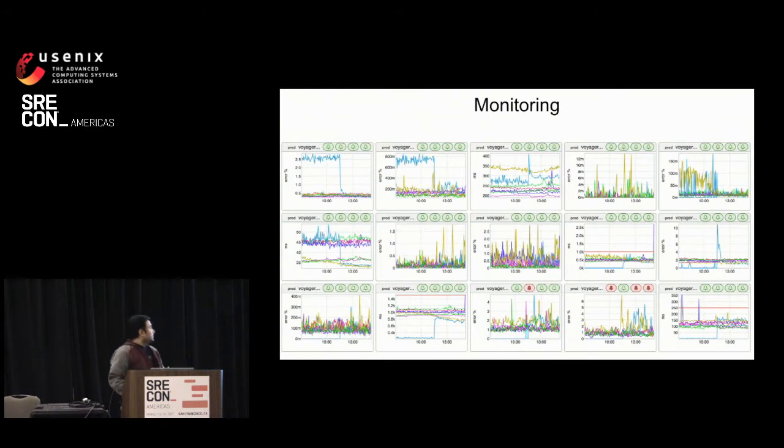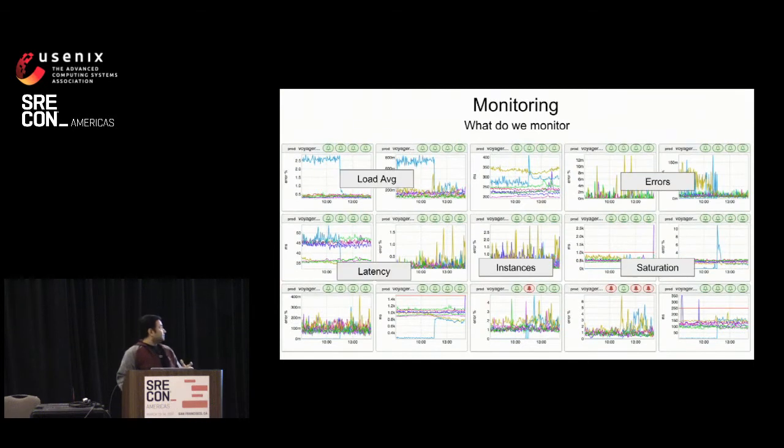This brings us to the monitoring part: how do we monitor? We have lots of things to monitor in each component. We define them by the methodology in the Google SRE book, and we have been using the same methodology. So we look at the load average, and we look at the errors, such as 5XX and 4XX, and the timeouts.